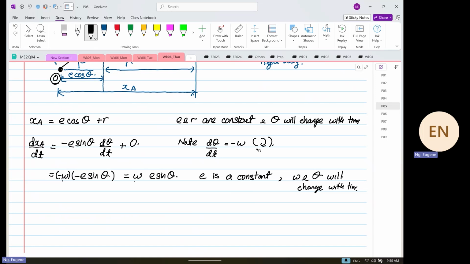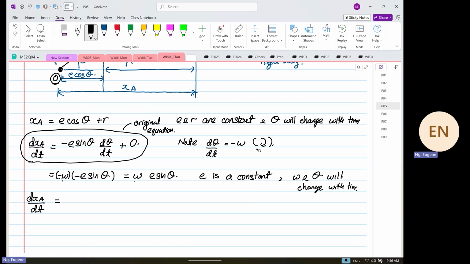Okay. So if I really write this term dxa over dt, then this will be equal to... now when you differentiate this, this is where, over here, this is the original equation.